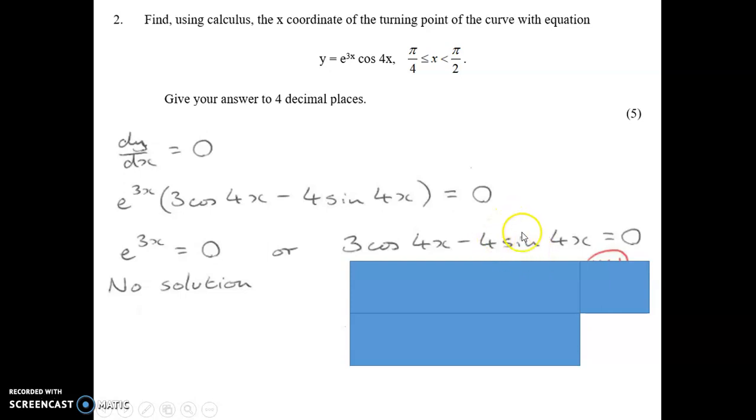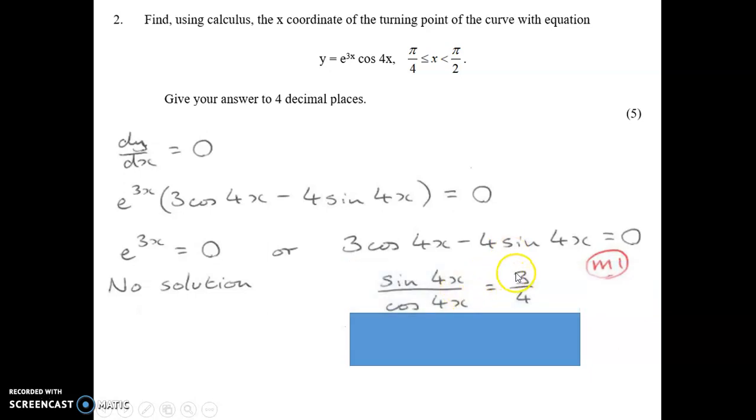So I can move this over to the right hand side and then divide through by cosine 4x and divide through by the 4. You should be able to get it to this point, so just have a play around, make sure you know how to get from this equation here to this one here.